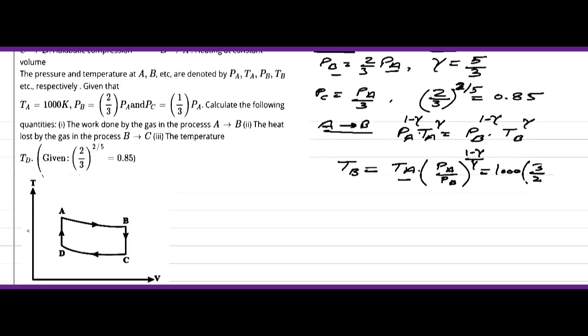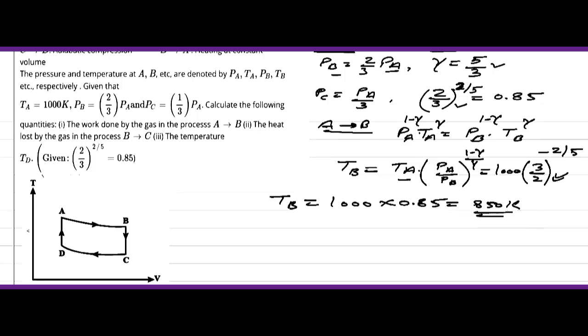So 3 by 2, and if we solve the exponent 1 minus gamma upon gamma, with gamma as 5 by 3, we get minus 2 by 5. So we get 1000 into 0.85, because the value of the expression 2 by 3 power 2 by 5 is equal to 0.85, so we multiply it and we get 850 Kelvin. So this is the temperature at point B.